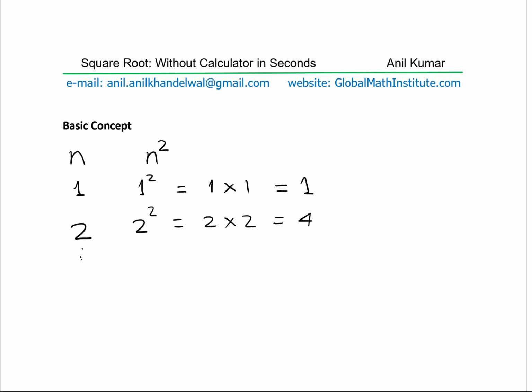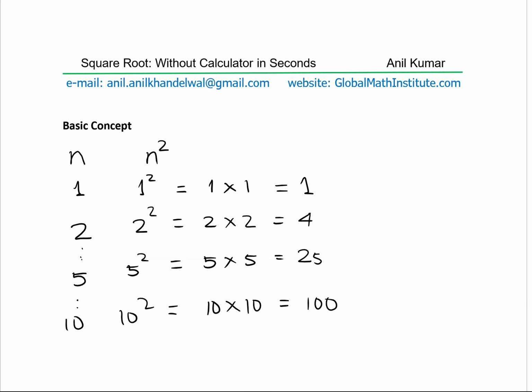Likewise, 5 square is 5 times 5, which is 25. 10 square is 10 times 10, which is 100. So what do you notice here? We are multiplying the same number: 10 times 10, 5 times 5, 2 times 2, 1 times 1. And then we get the square of a number.